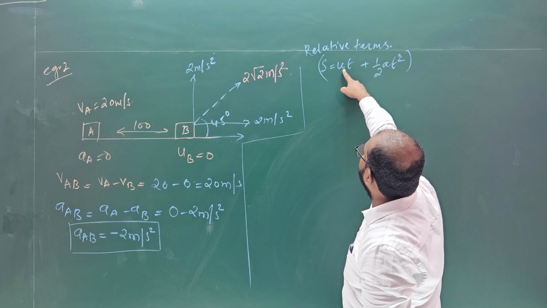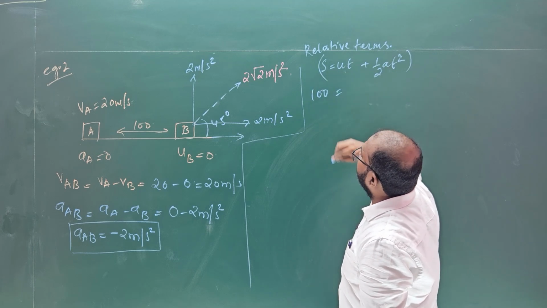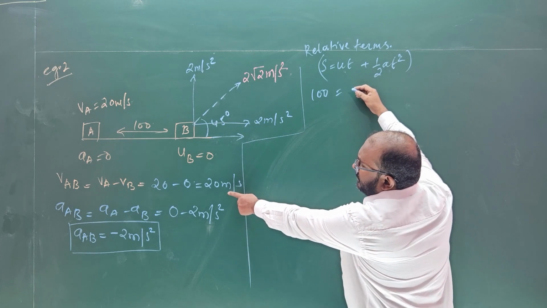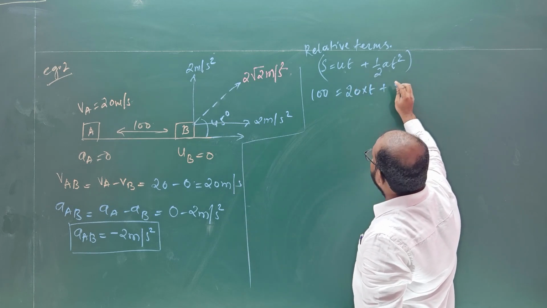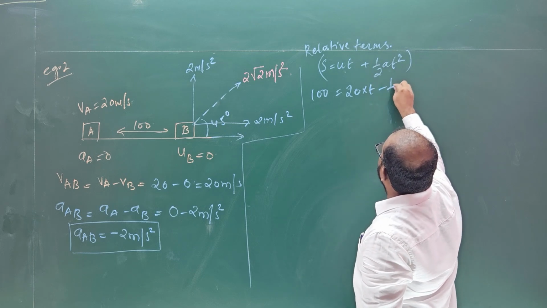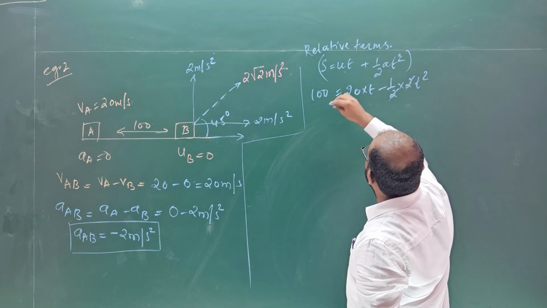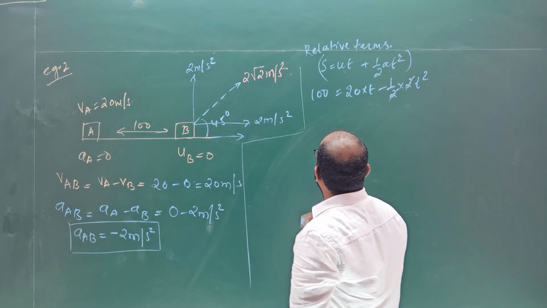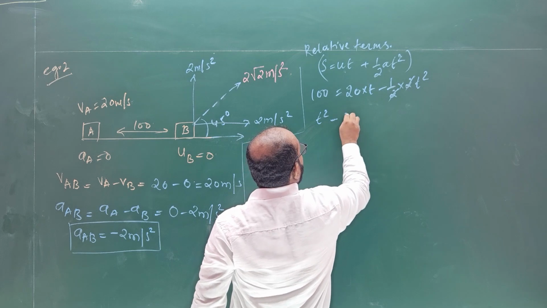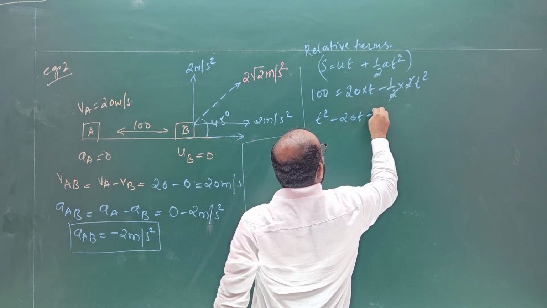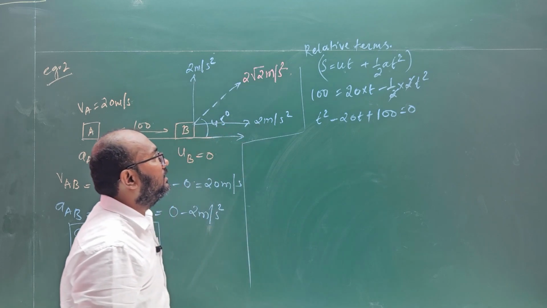Okay, now for AB, s is what? Initial separation 100, relative velocity we got 20 into time plus minus 1 by 2 into 2 t square. We don't know, 2 gets cancelled, anything, no. So reshuffling, this becomes t square minus 20t plus 100, which is equal to 0. Yes?